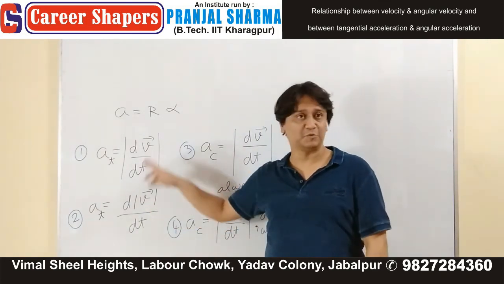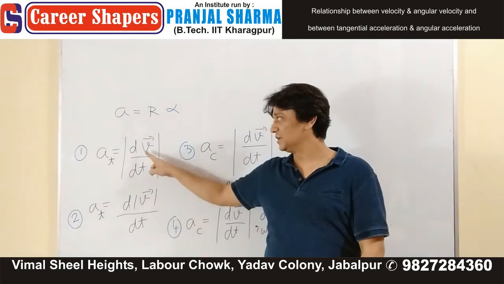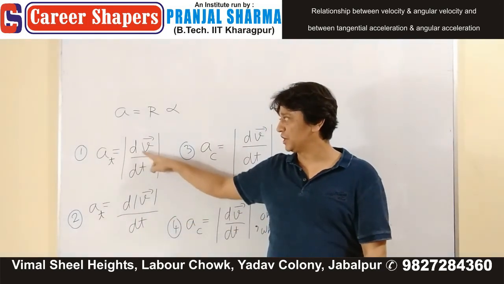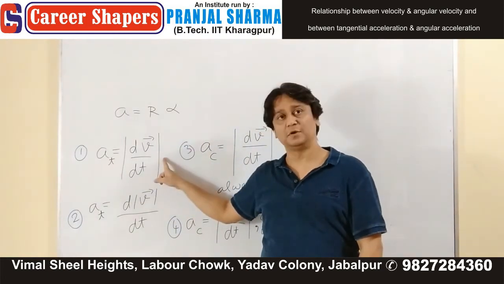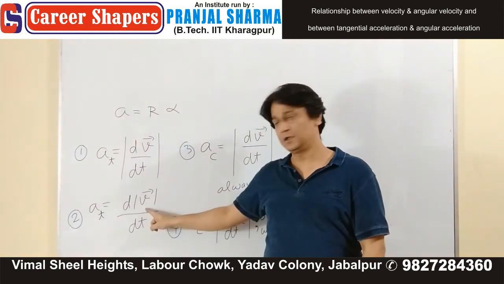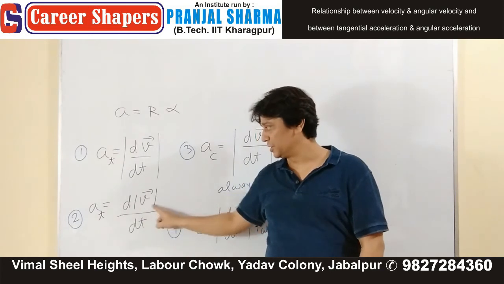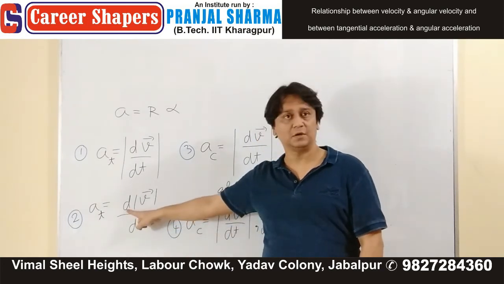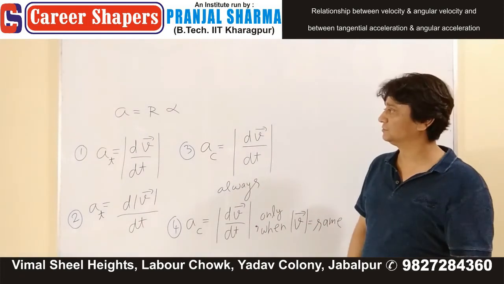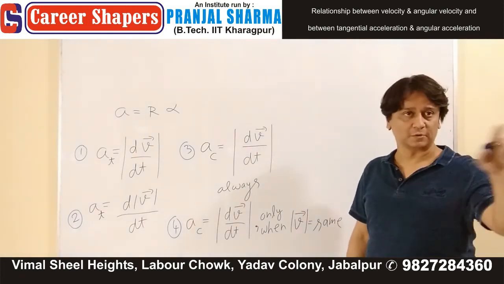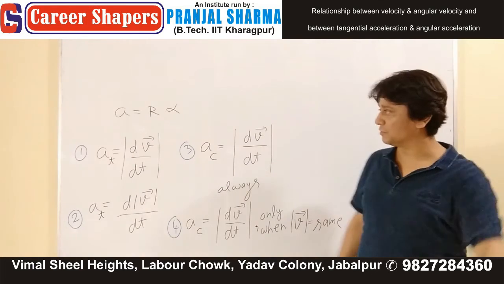This is the difference between first and second. This is rate of change of v and then go for the magnitude. What does this say? Find the magnitude and then go for the rate of change. There is a difference. If somebody wants to write the whole thing in words, you can do that.